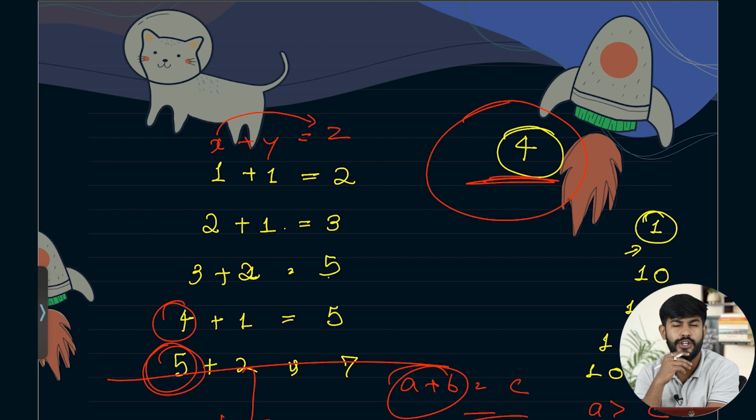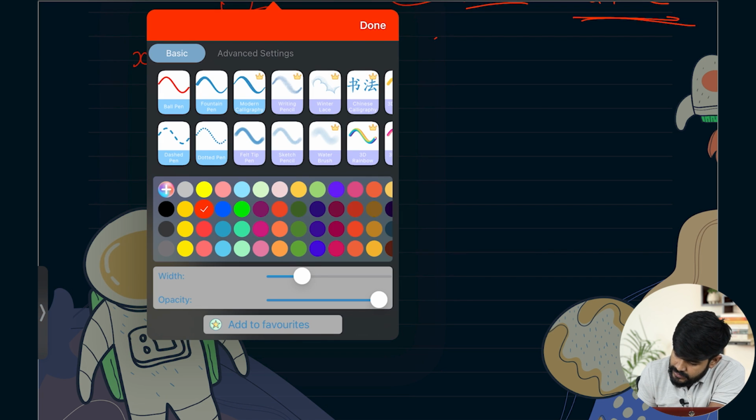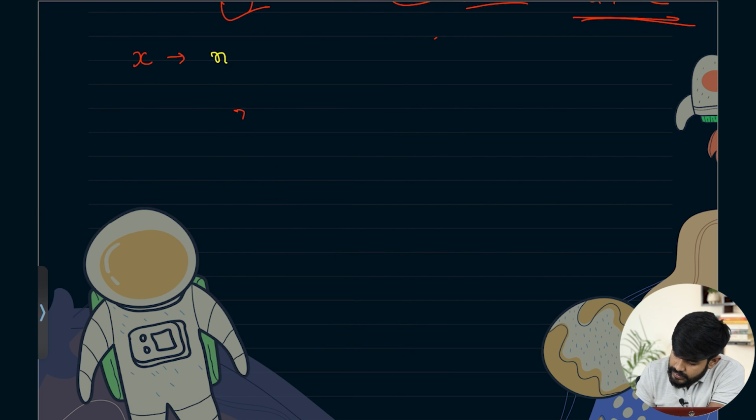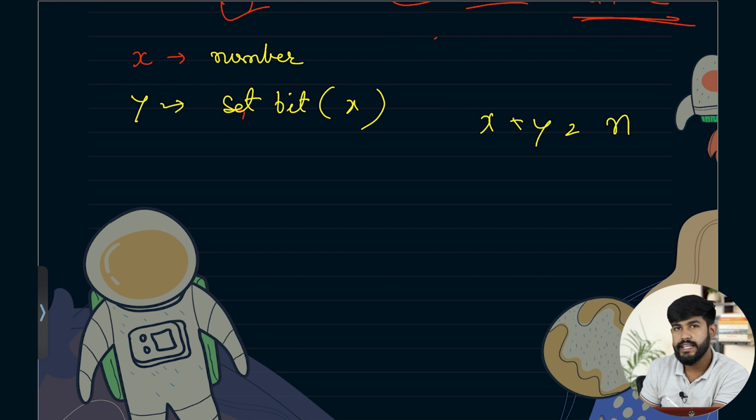This is the very first observation, the components x and y. X is the number itself, and y is the set bit count of x. And x plus y, I want it to be equal to the given number n.